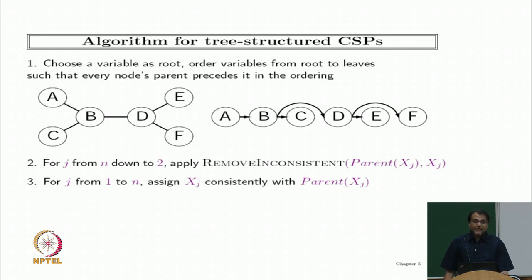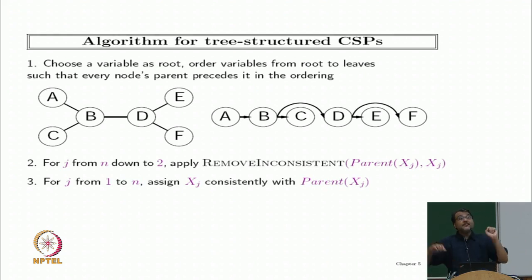So I basically apply arc consistency between D and E and between D and F. And I check that for this value of D, do I have a value of E or not? E had all the values. If there is no value of D for which E has some value, that means the problem is unsolvable. Hopefully there are some values of D for which there is some value of E.